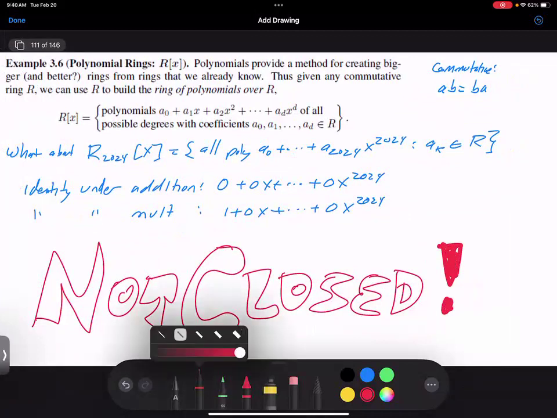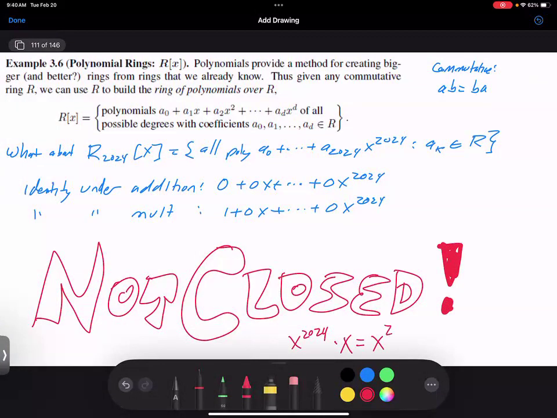For example, x to the 2024 times x is x to the 2025, and that is not in the set of degree at most 2024.